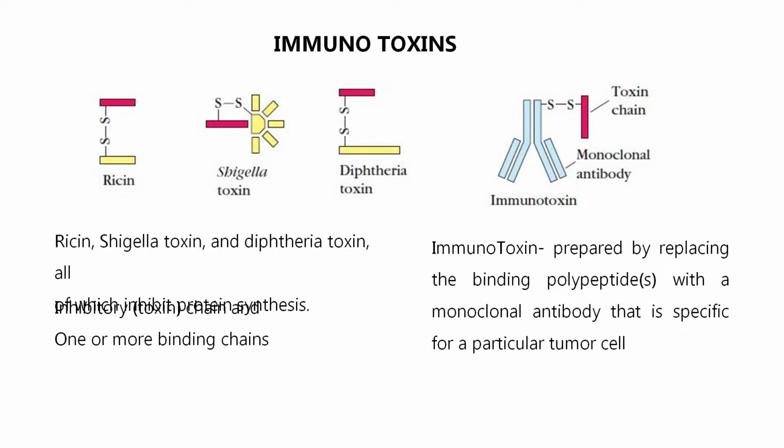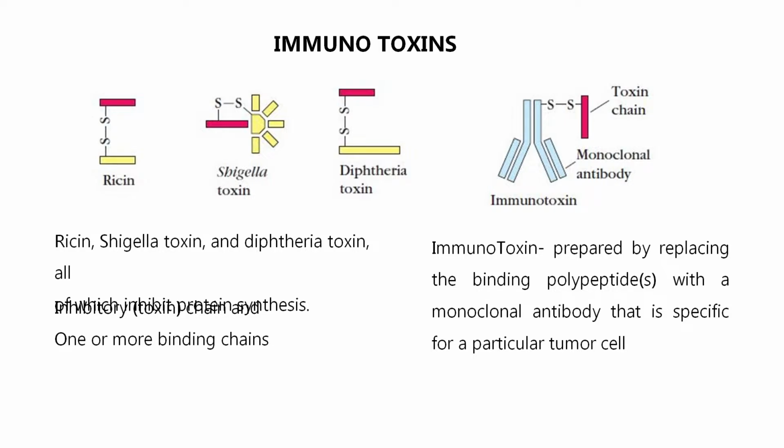And this monoclonal antibody is specific to the cell surface receptor on a target tumor cell. So when this immunotoxin is introduced into a patient, it will act as a delivery vehicle and take the toxin chain and deliver it directly to the specific target cell.